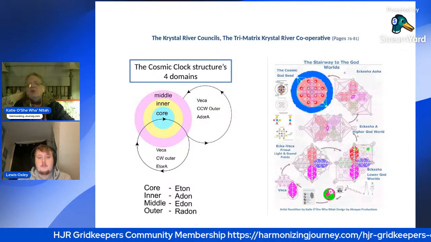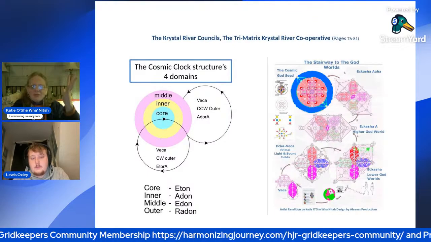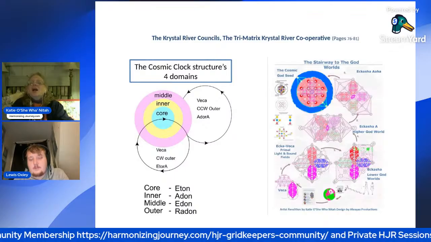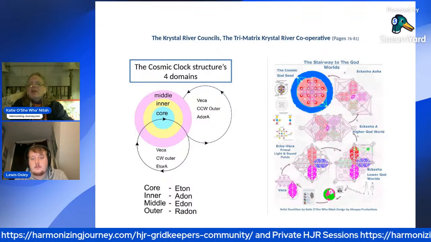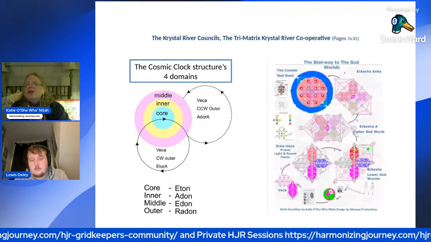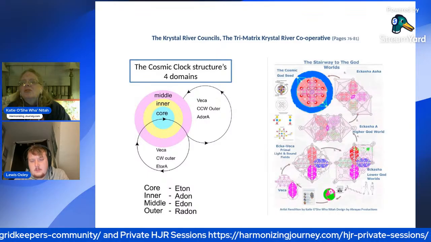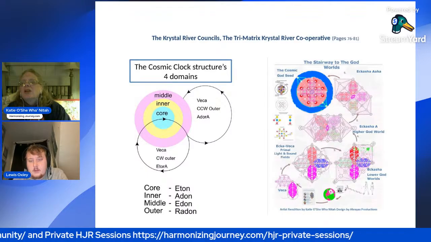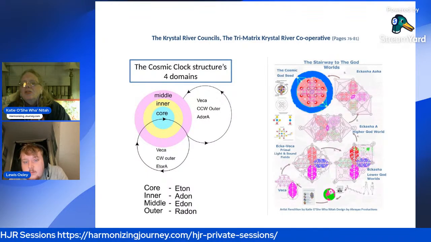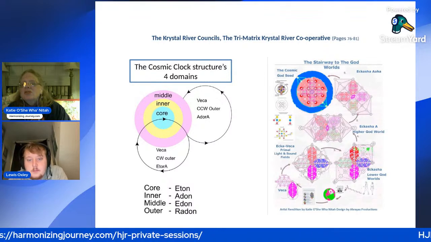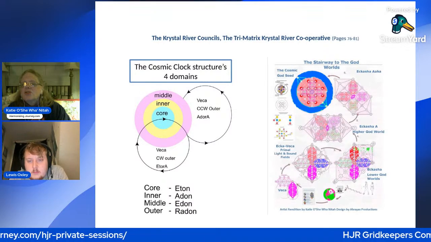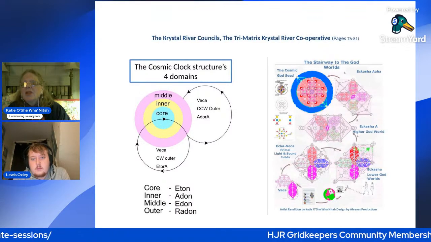So, looking at our guide world map, because I keep forgetting, you can't see my arrow. Looking at Akasha A, higher of the higher God worlds, right below the Akasha Aya, you see the four quadrants. Each of those quadrants correlates to one Akasha.